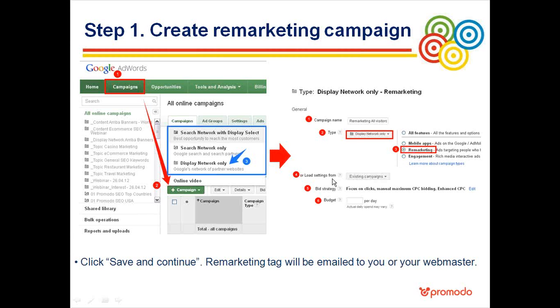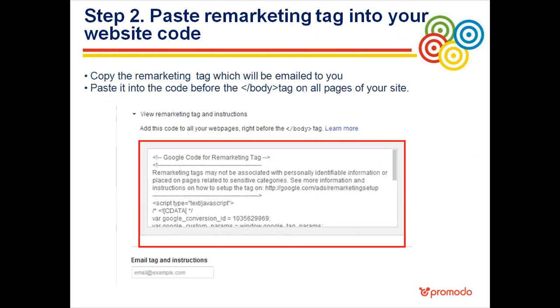Then you specify where you would like the settings to be loaded from, probably from the previous campaigns in your AdWords account. Then you select the bid strategy budget and click Save and Continue. During these steps you will be able to request the remarketing tag to be emailed to you or your webmaster.